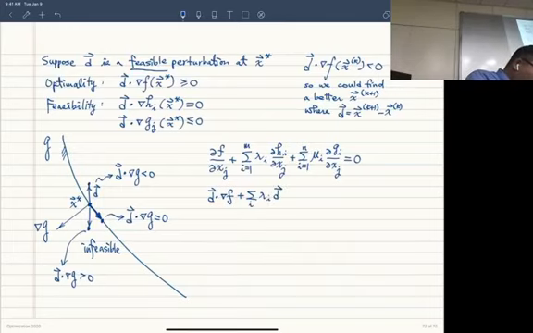Every term has a d dot gradient h i, plus summation over i, so this is i from 1 to m, this is i from 1 to n, mu i d dot gradient g i.